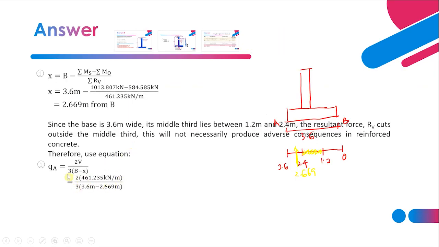And then 3 times B, where B is the base width, 3.6 meter, and minus X, take X from above, 2.669. Then you calculate and you get the value like this.